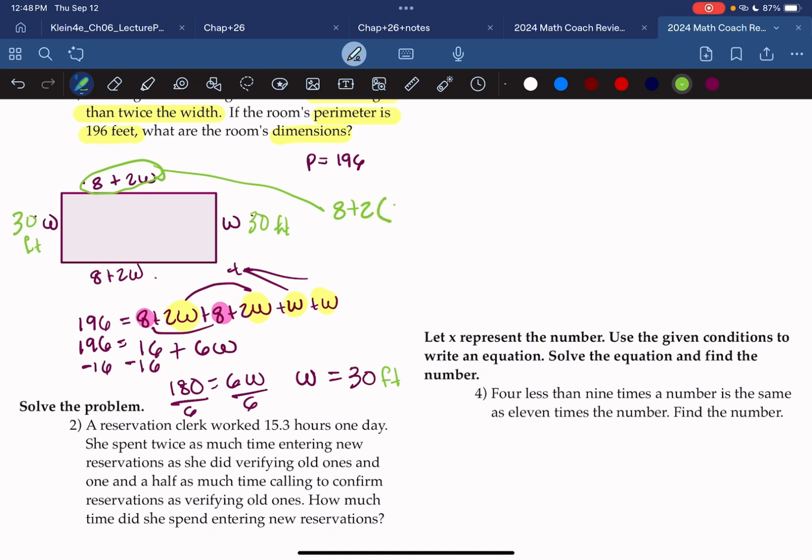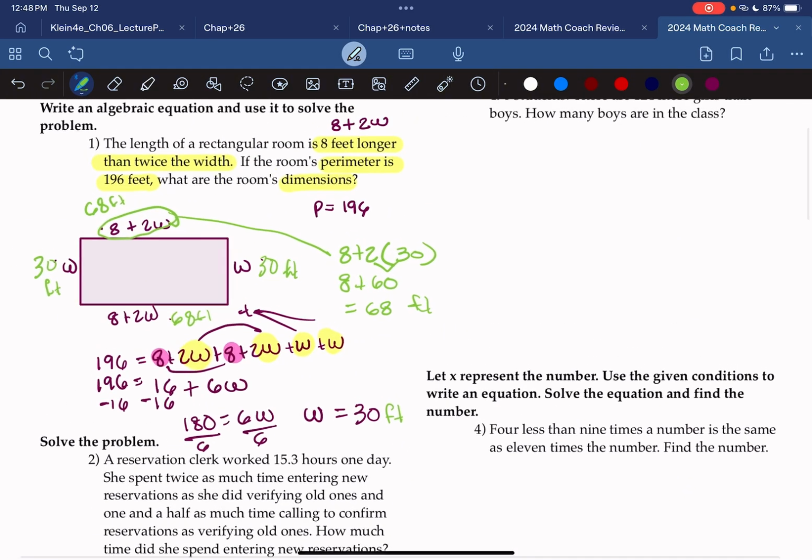Our w, which is our width, is 30. So 8 plus 2 times 30 is 60, and 8 plus 60 is 68. 68 what? 68 feet. So the length is 68 feet.